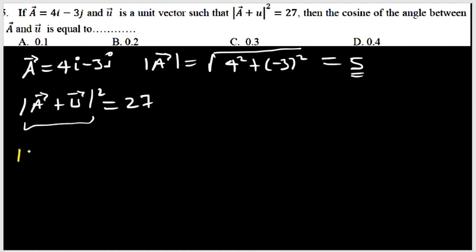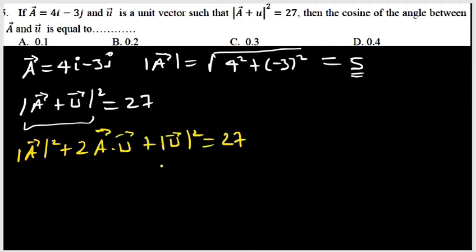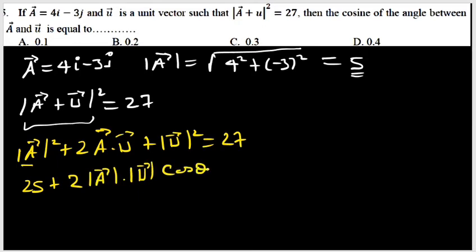When we expand it, it will be magnitude of A squared plus 2 times A dot u plus magnitude of u squared, which is equal to 27, given. Magnitude of A, we got 5, and squared is 25, plus 2 times A dot u, meaning magnitude of A times magnitude of u times cosine of theta, the angle between A and u, plus 1, since magnitude of u is 1, equals 27.